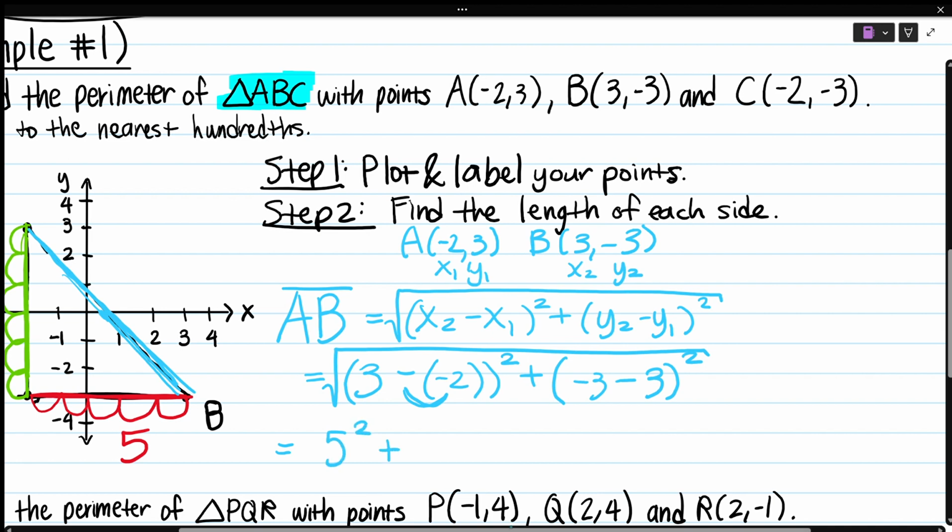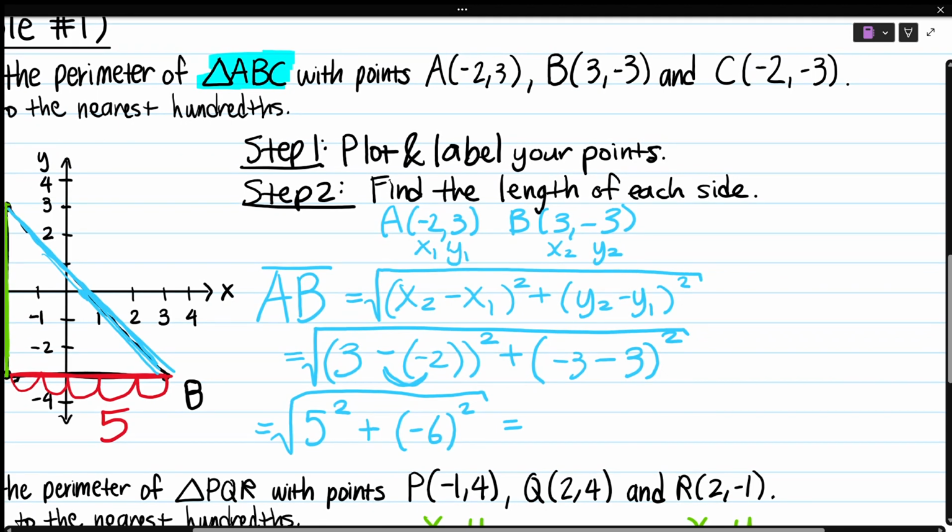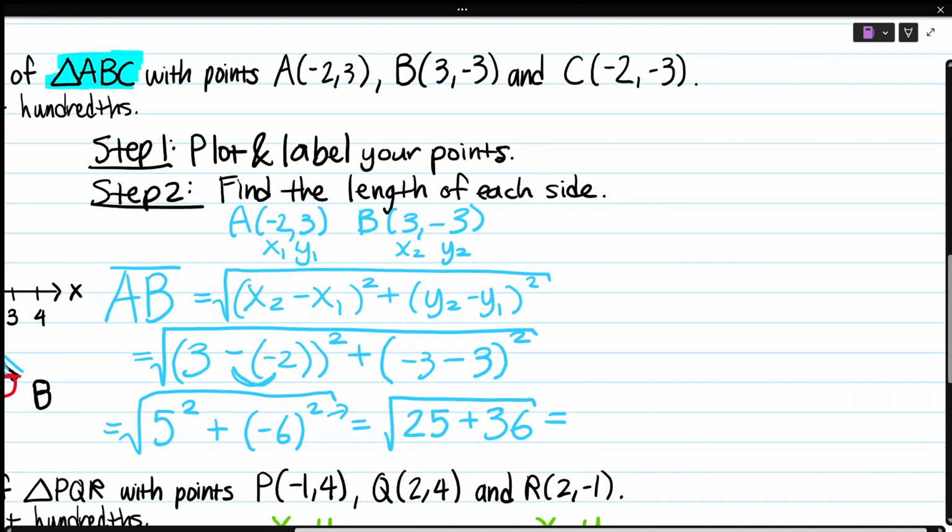Negative 3 minus 3 is negative 6 squared. 5 squared is 25. Negative 6 squared is negative 6 times negative 6, which is positive 36. 25 plus 36 is 61. Square root of 61.